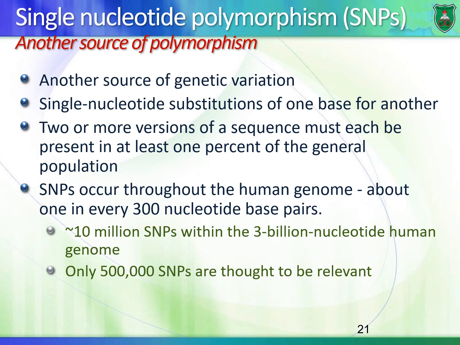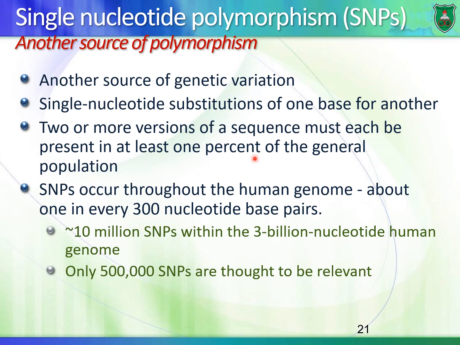Well, this is the thing: if a variation, a genetic variation, a SNP as we call it, exists in more than 1% of the general population, we call it a polymorphism. If it exists in less than 1% of the population, then we consider it a mutation. Okay? So this is an important point that you need to know.